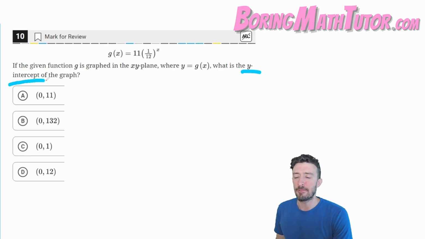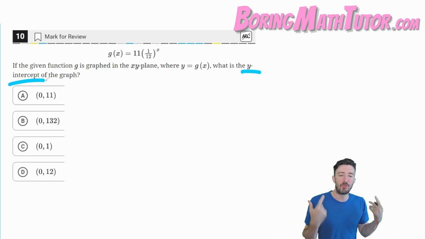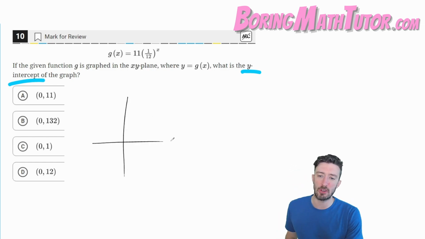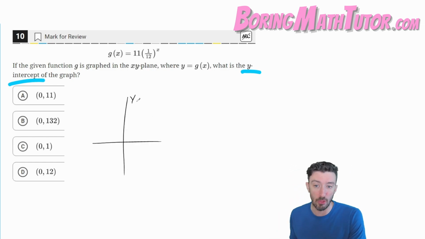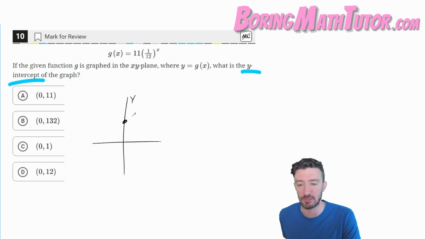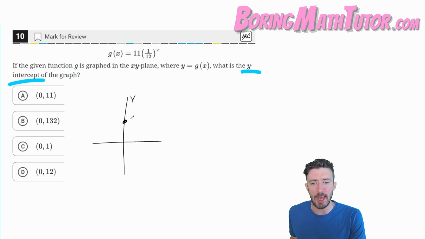Y-intercept, my favorite. How do you figure out a y-intercept of a graph? Well, if you're ever on the y-axis, we call that point a y-intercept. But whenever you're on the y-axis, your x will always be 0.